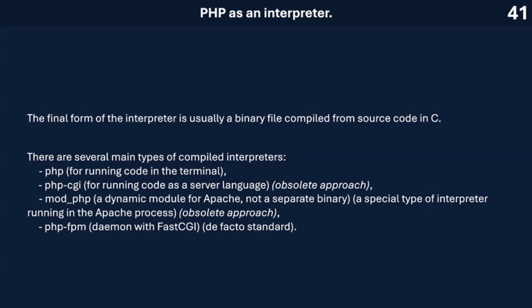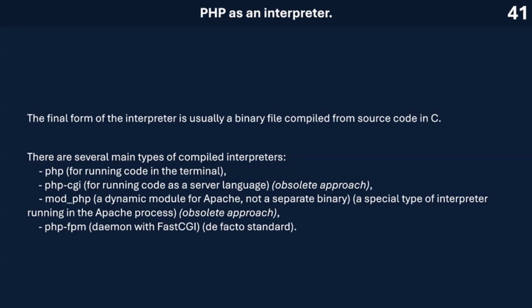This is also an outdated approach. There is also php-fpm. This is a daemon that works using the FastCGI protocol. It is the de facto standard today. In general, in other words, an interpreter is the result of compiling the Zend Engine core and its extensions with various SAPI options. There is only one core variant, but there are several interfaces for running it.